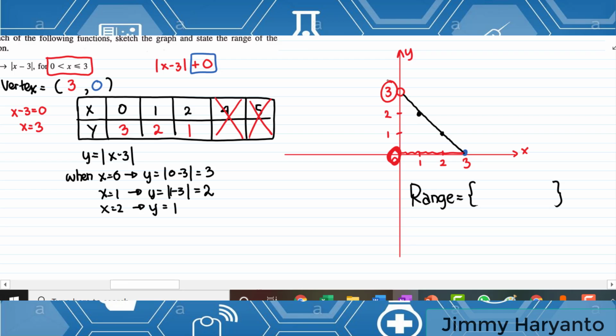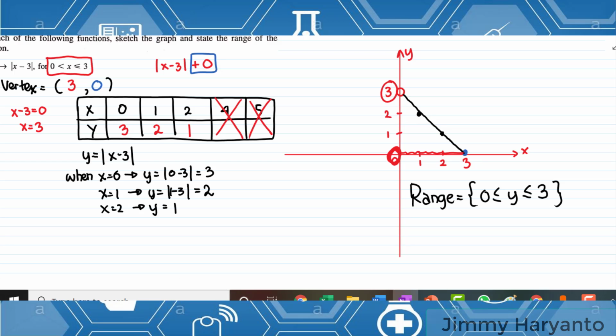Yeah, when it comes to range, you have to focus on the values of y. Find the bottom one and find the upper part. Yeah, the bottom one is 0 and the upper is 3, so you can say it's between 0 and 3. You can write 0 less than or equal to y less than or equal to 3.